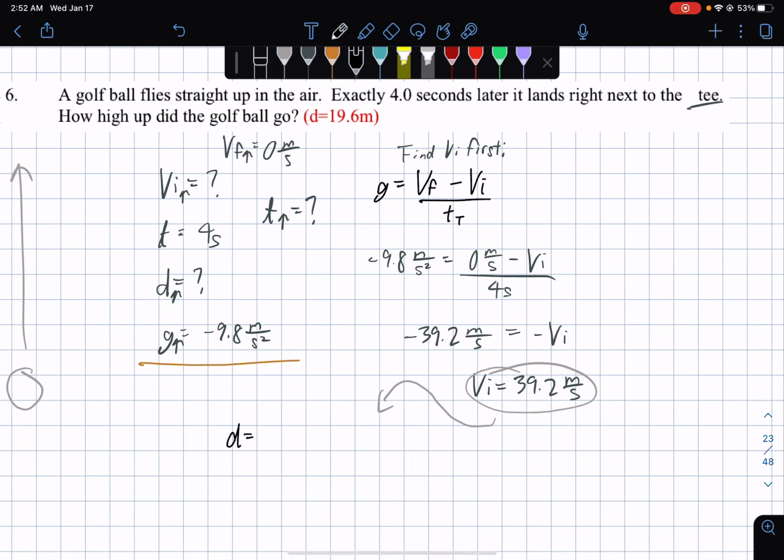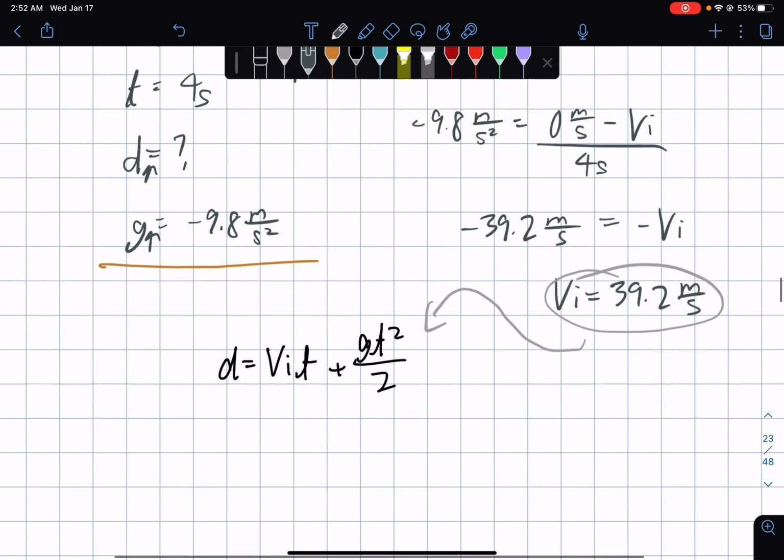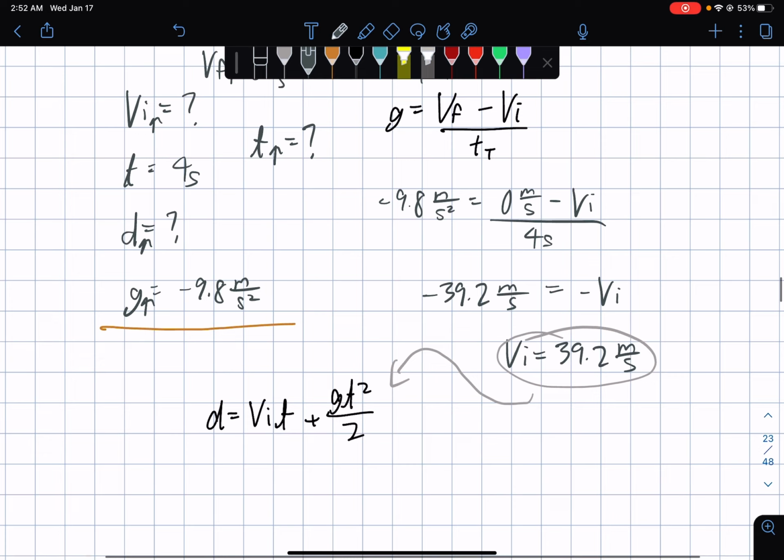Distance, VIT plus GT raised to 2 over 2. Or let's try this one. Either way, let's use this instead. VI 39.2.